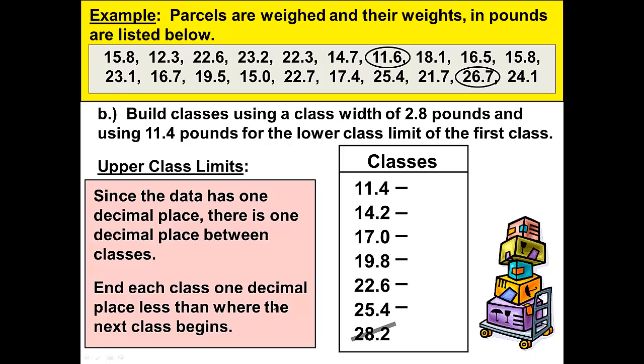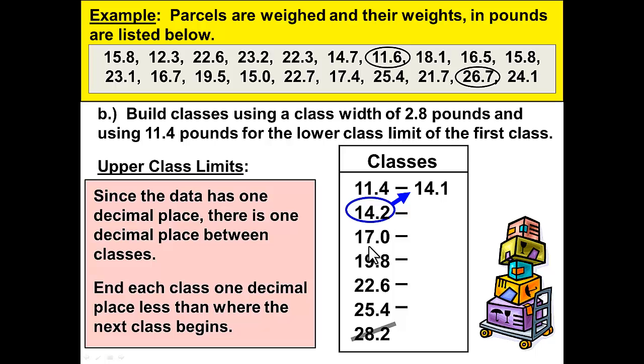And each class has one decimal place less than where the next class begins. So if 14.2 is here as the beginning of the second class, the first class will be one decimal place less where it ends. So the first class will end at 14.1.